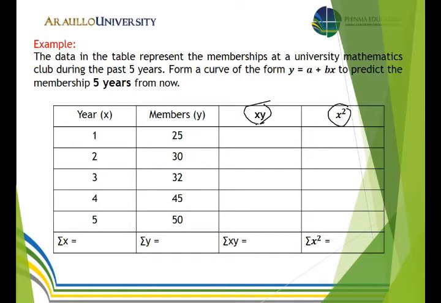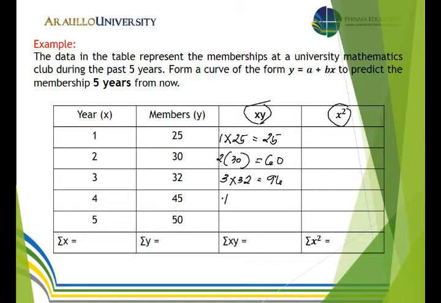For xy, we need to multiply: 1 times 25 is equal to 25. And then 2 times 30, we have 60. And then 3 times 32, we have 96.